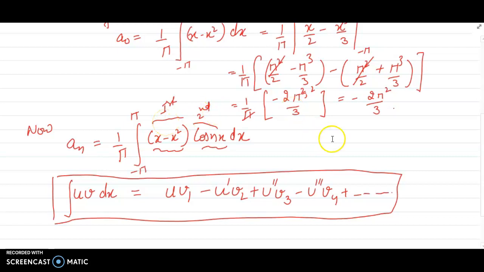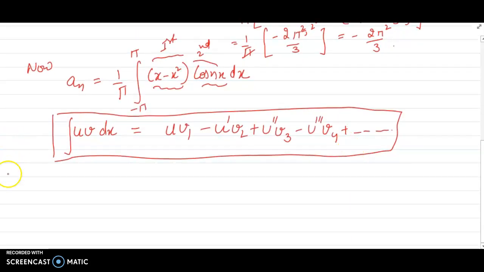Now on the same lines, I can expand this integral. 1 by pi is there. The first function is x minus x square.